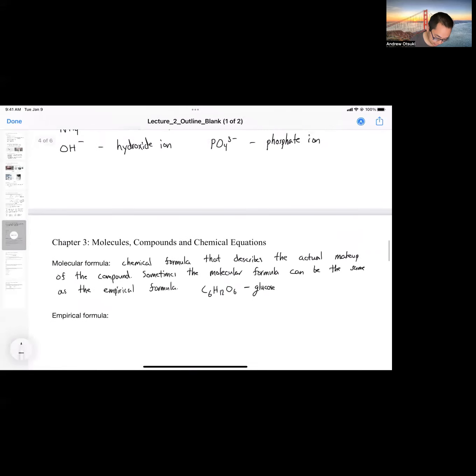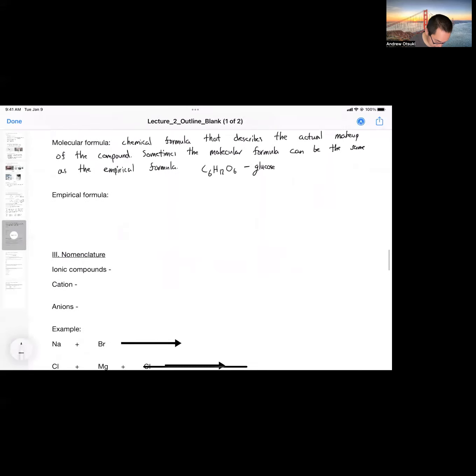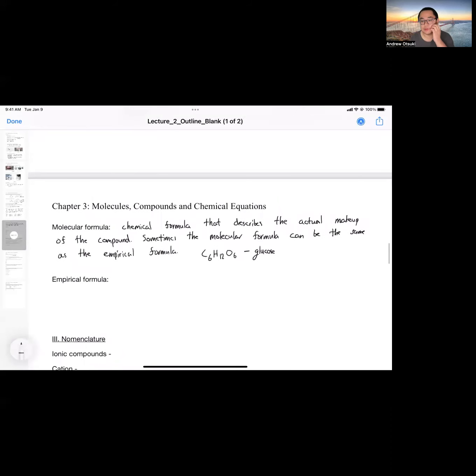So empirical formulas. What are empirical formulas? Okay. So empirical formula is the simplest whole number ratio of elements in a compound.